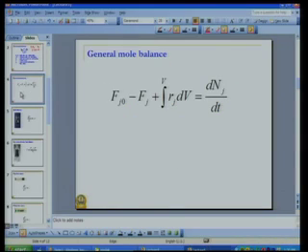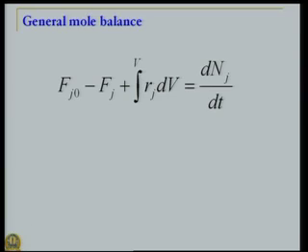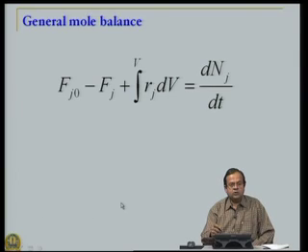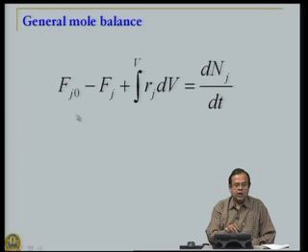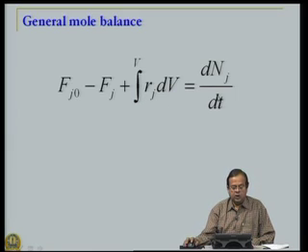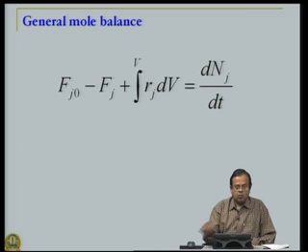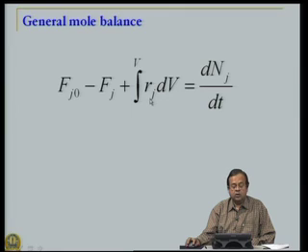So, now let us go back, and this is the mole balance that we get, that is Fj0 minus Fj plus integral Rj dV is dnj dt. Once again, molar flow rates, the intrinsic rate of species variation Rj per unit volume times dV summed over the entire volume is the rate of accumulation.